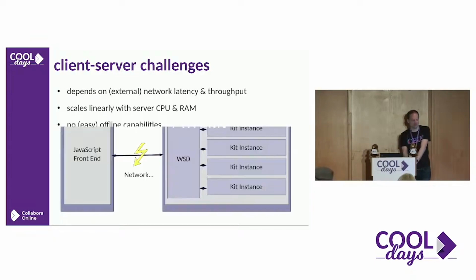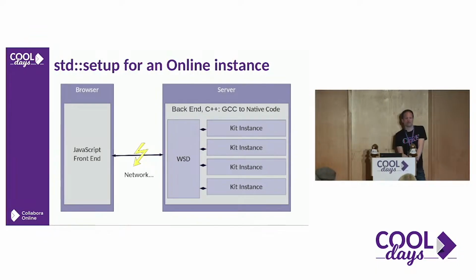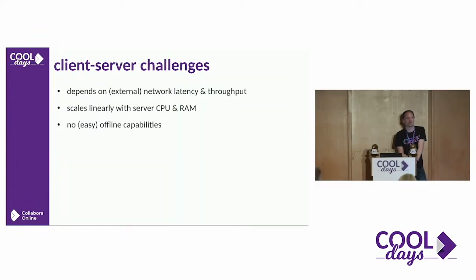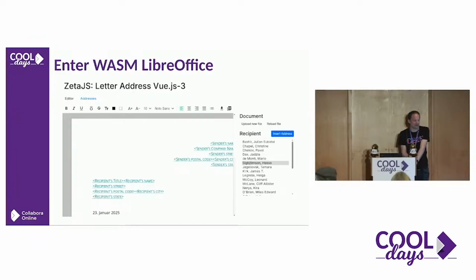So if you load your documents on the server and you double the number of active users, you probably need to double the CPU cores and also the RAM on that server, which could be worse. I mean, linear scaling is not a terrible thing. And the other thing is, of course, there's no easy offline capabilities if you use that setup. So yes, enter WebAssembly LibreOffice.